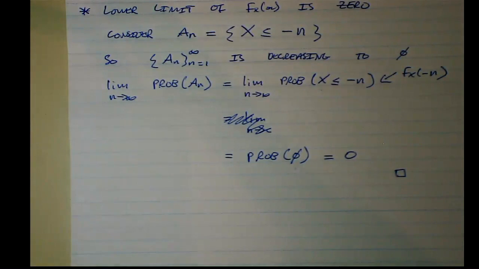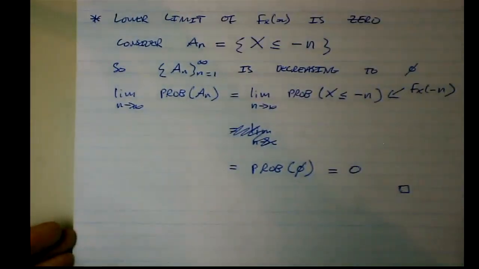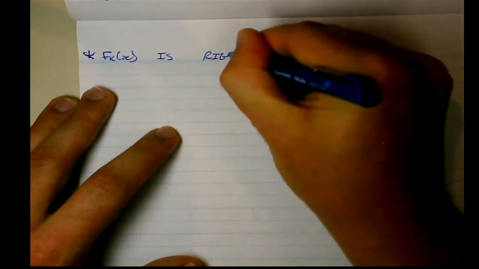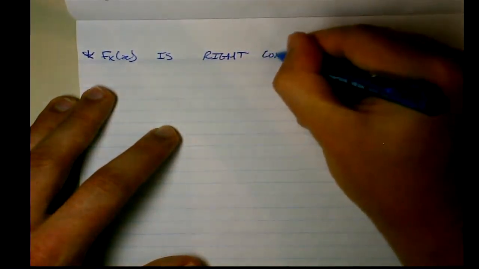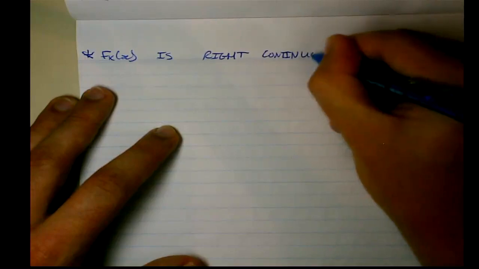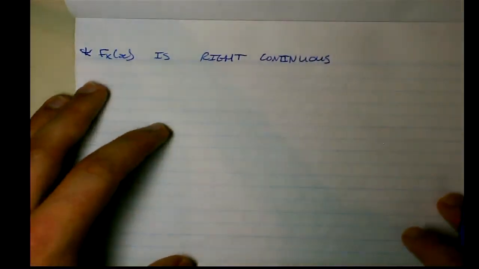Let me now do right continuity as well. So I'm going to now prove that F_X(x) is right continuous. We're going to follow a very similar approach.